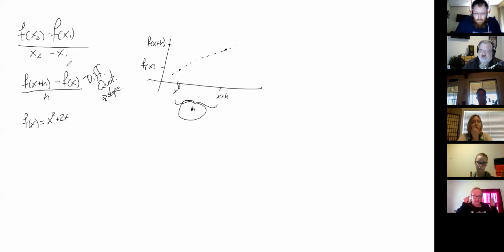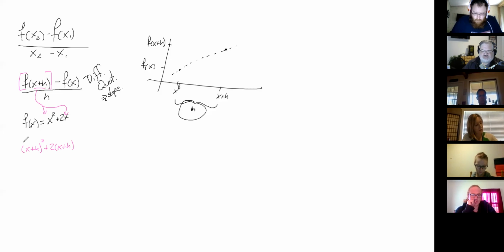The f of x plus h, this piece, we're going to evaluate this function at x plus h. So that x plus h is going to go in for those x's. So x plus h squared plus 2 times x plus h.